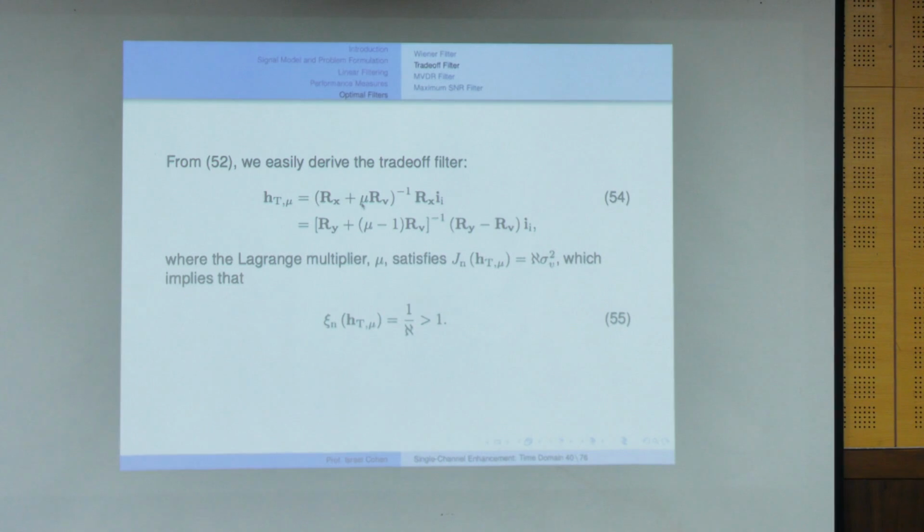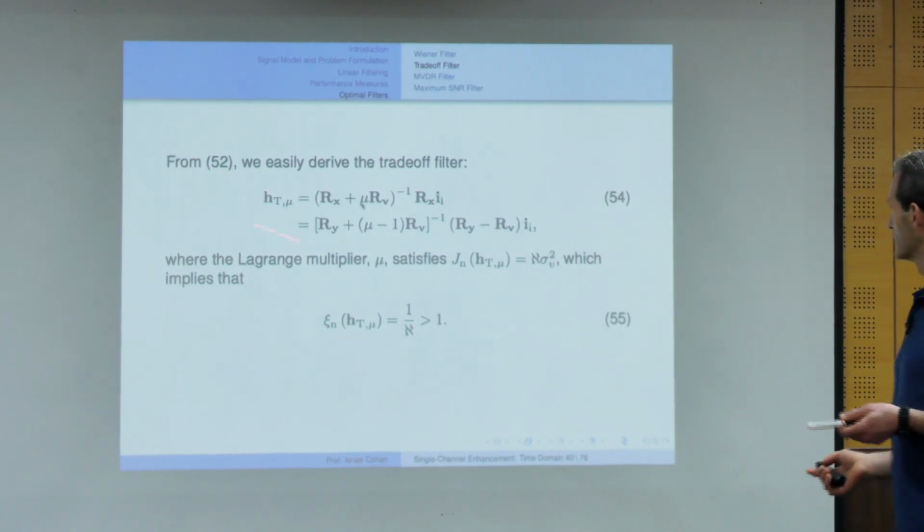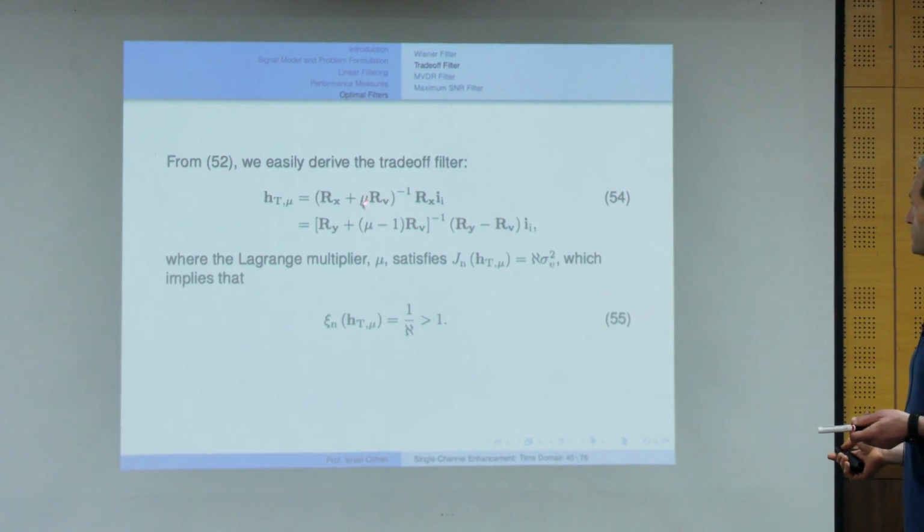And by the way, for all the expressions that we saw before, instead of Rv, you put mu Rv, okay? But you need to be careful, because if you have another expression, like here, in this expression, this is the solution.